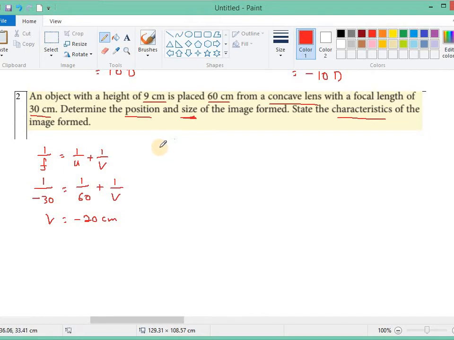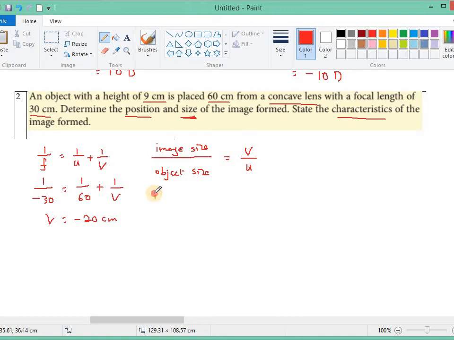So we use image size over object size, equal to image distance over object distance, because with both we can get the linear magnification, so we can put this as equal.